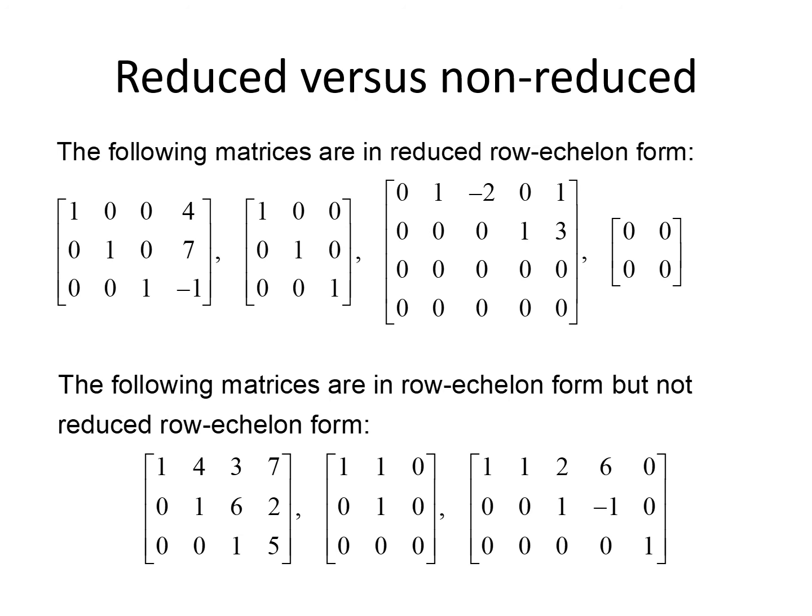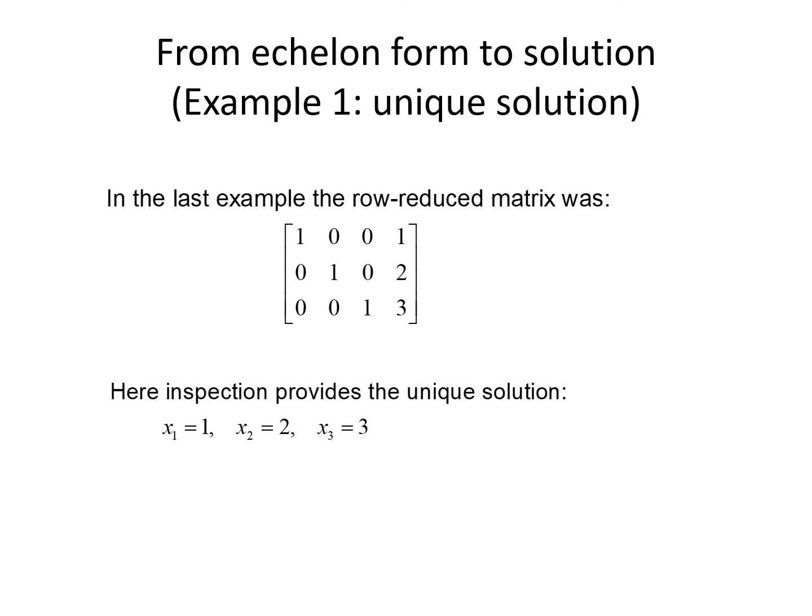But these matrices are an example of reduced row echelon form. Here you see an example of reduced row echelon form, since it is satisfying all the conditions. Suppose that matrix is an augmented matrix.